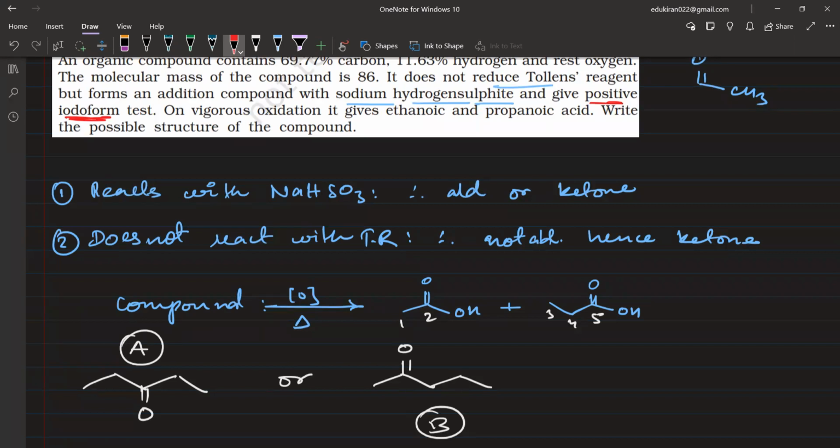A compound or the B? Which is the right one? What is the condition for iodoform test? Sir, it will be B because CH3 is connected to carbonyl group. Yeah. Can all of you see now? Yes or no?